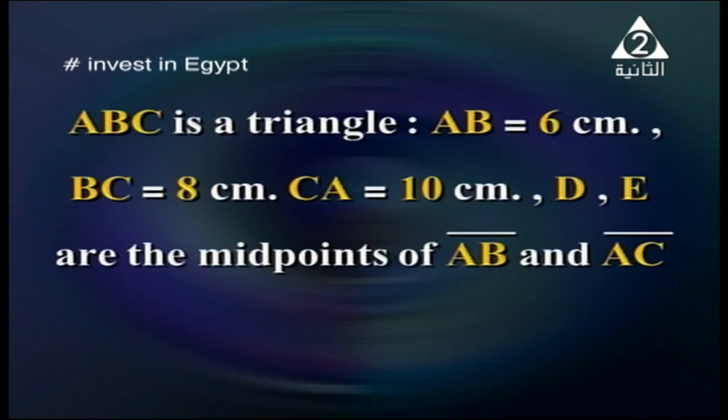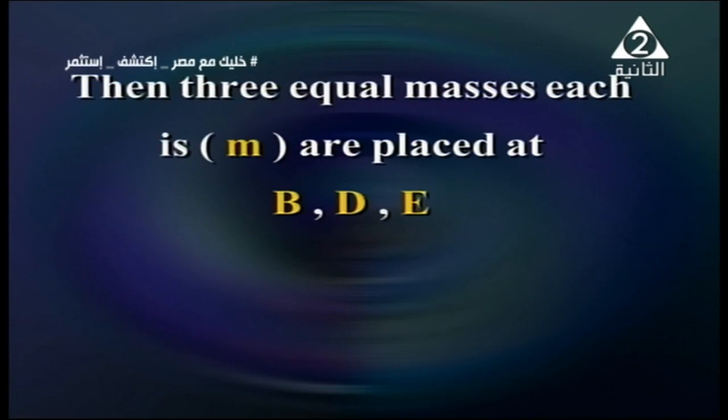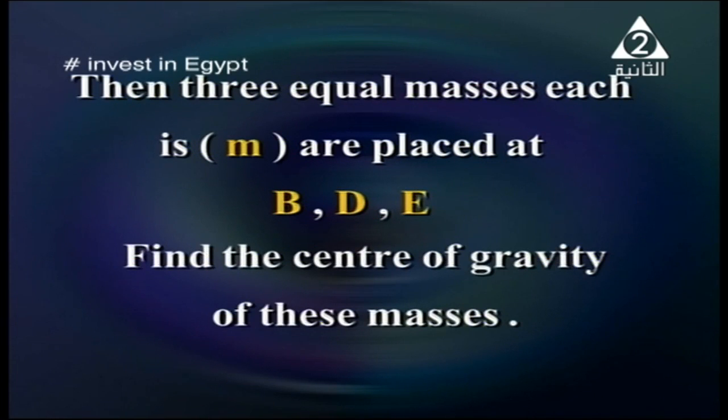My dear student, look at ABC, a triangle. AB equals 6 centimeter, BC equals 8, CA equals 10. D and E are midpoints of AB and AC. Then three equal masses, each M, are placed at B, D, and E. Find the center of gravity of these masses.